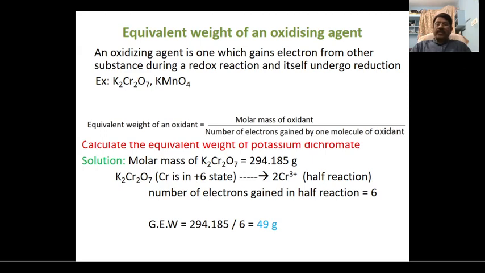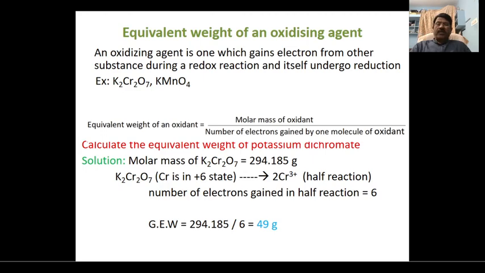By observing an example, one can calculate equivalent weight of potassium dichromate. Molar mass of K2Cr2O7 is equal to 294.185 grams. In reaction, when this potassium dichromate acts as the oxidizing agent, chromium oxidation state, initially it was +6.